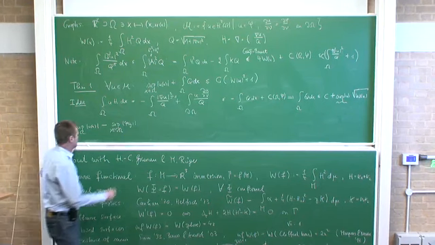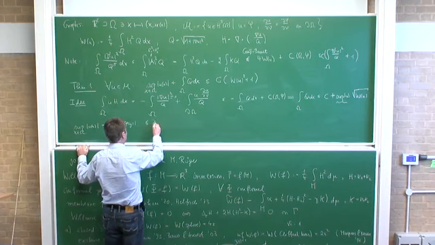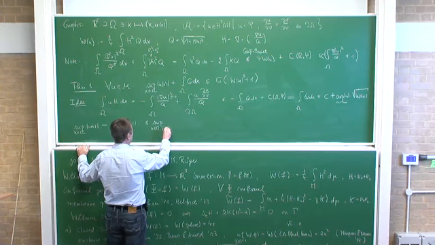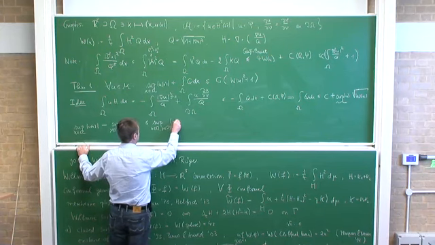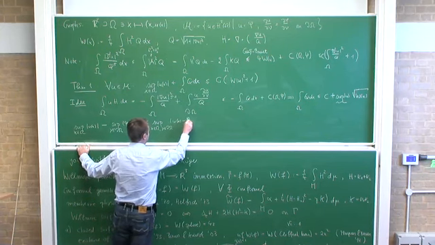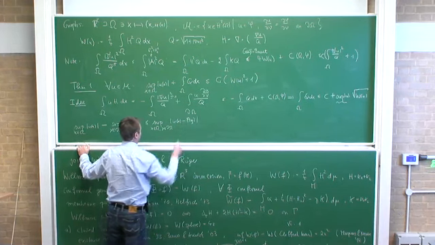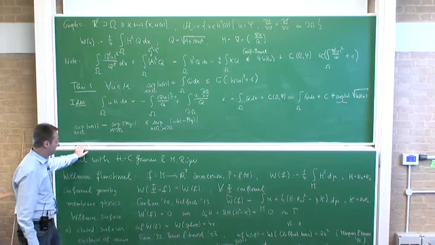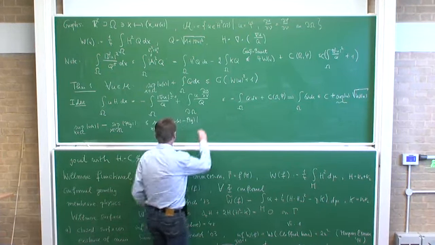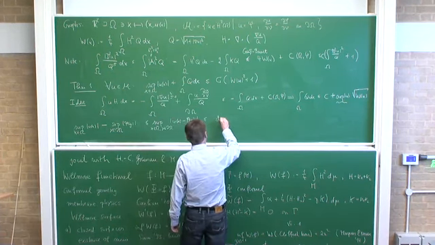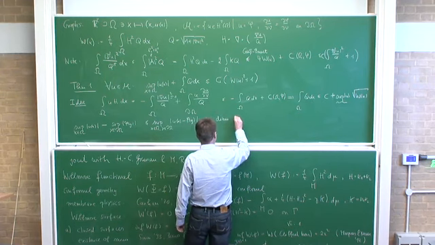And you can estimate this by the supremum over x, y on the boundary of u of x minus phi of y. And this can be further estimated by the diameter of the graph of u.